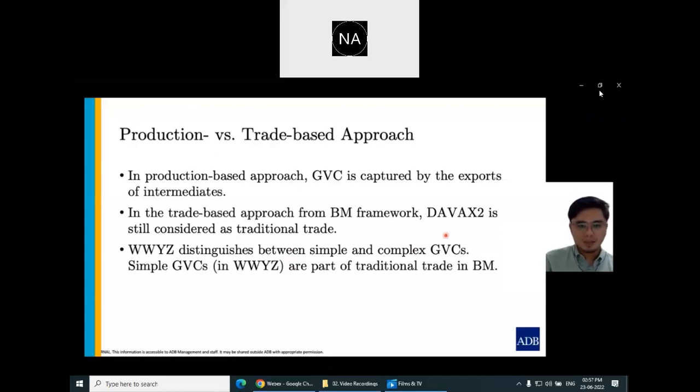Remember that DAVAX 2 refers to the exports of intermediates that is directly absorbed by an importing economy. Wang Wei Yushu distinguishes between simple and complex GBCs, but under the Borin and Mancini framework, simple GBCs is part of the traditional trade.